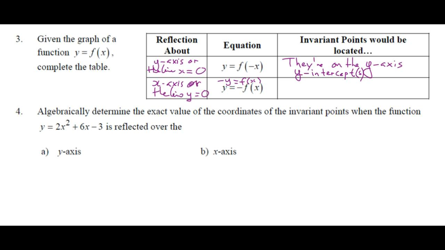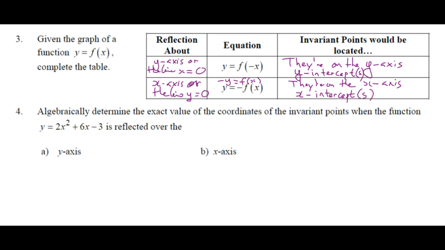So where are the invariant points? They're on the x-axis. What do we call points on the x-axis? So they are the x-intercept or intercepts.